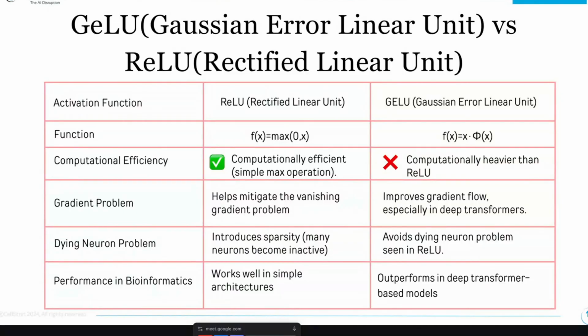Like I mentioned, there's something called the dying ReLU problem in neural networks, where ReLU neurons consistently output zero. So, like I said, it's more of a binary output that you get from ReLU.